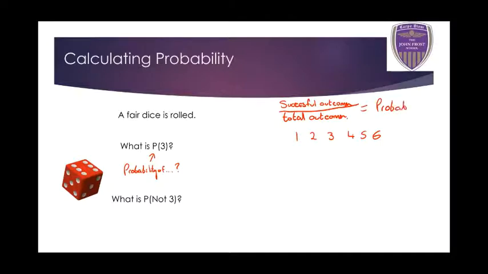So in this example, what is the probability of rolling a 3? Well, we've drawn out all the possible outcomes, of which there are 6, because it's a 6-sided dice. So that means our answer is going to be something over 6. Now, how many of these outcomes are a 3?